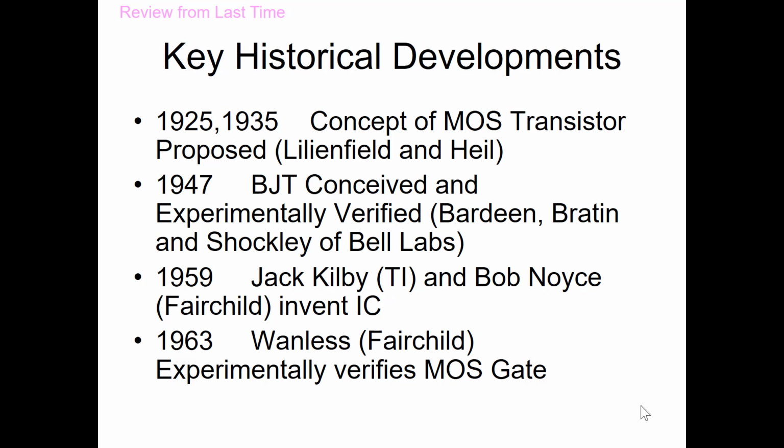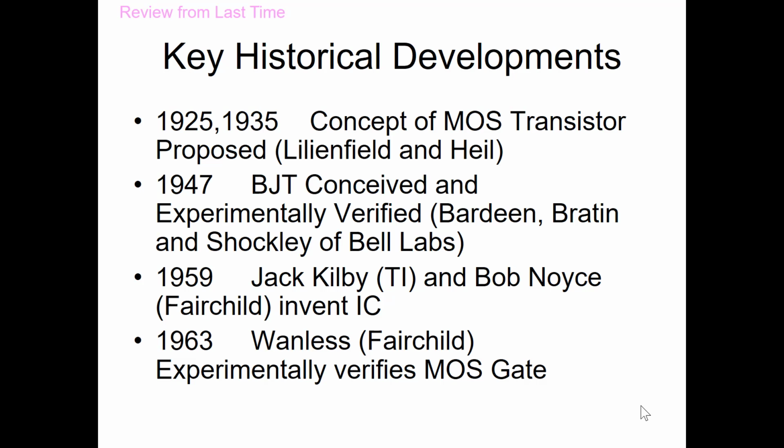In 1959, Jack Kilby and Bob Noyce invented the integrated circuit. Kilby was a little bit sooner. Noyce had a little bit better design. We spent the better part of a decade trying to decide who we should give credit for developing or inventing the integrated circuit.